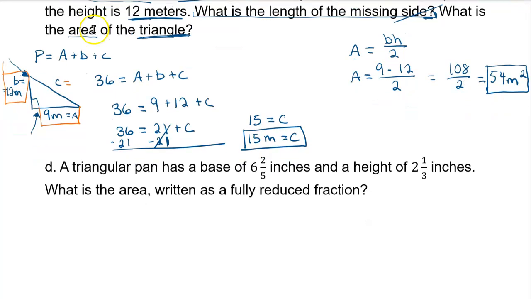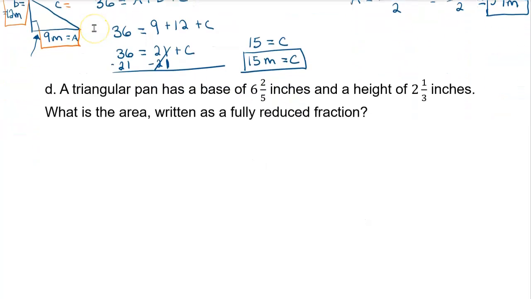All right, so now I'd like you to go ahead and pause the video and try D. Now, this is pulling on knowledge that we have about mixed numbers and multiplication, because the formula for the area of a triangle uses multiplication. You cannot multiply with mixed numbers.